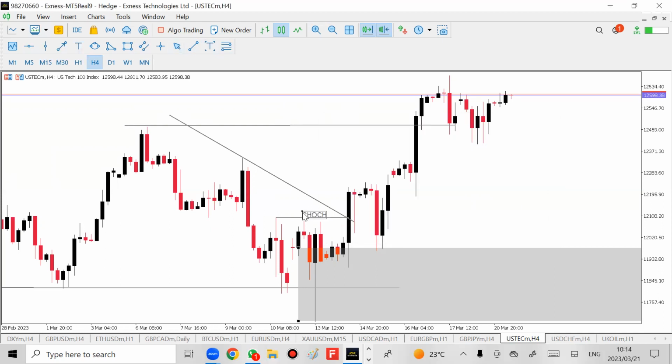Internal structures are what we call a complex pullback. So we continue to see price breaking structure to the upside, meaning this thing has been buying within the range because it bought from the discounted area of the range. So you see the last break of structure.